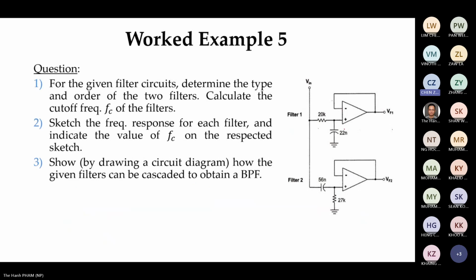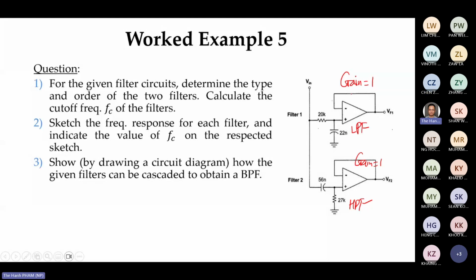Low pass. This one should be high pass, right? Yes. Now, this one is just a buffer, right? So the gain here is 1. Gain here also 1 because of the buffer. Okay?